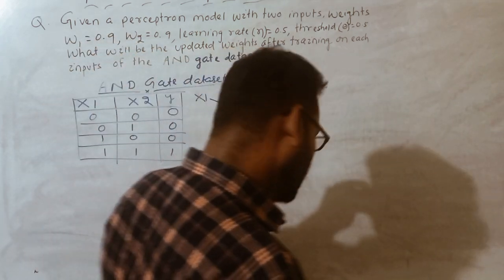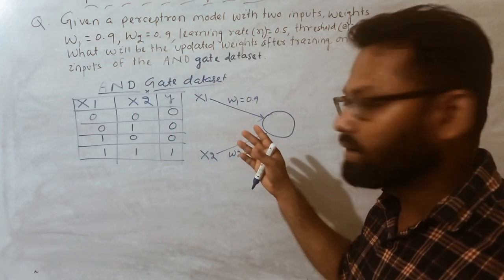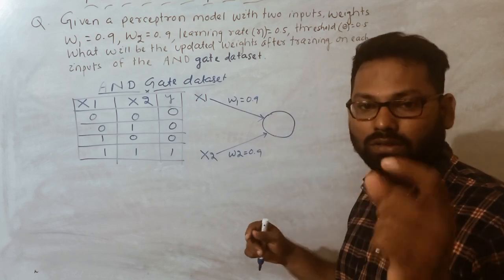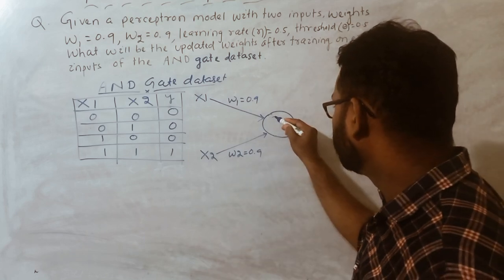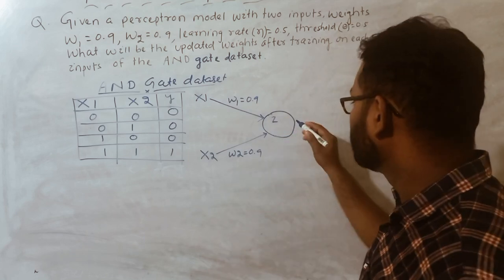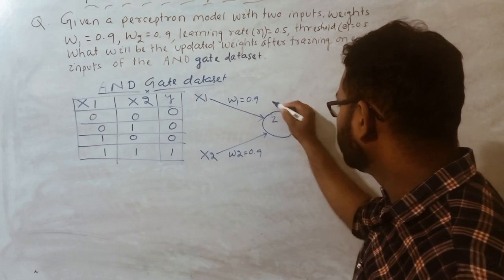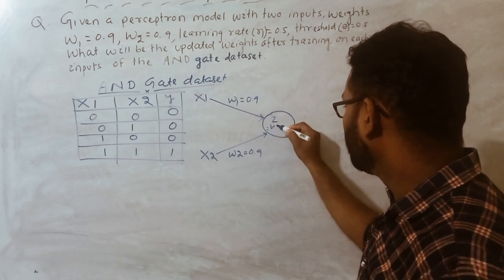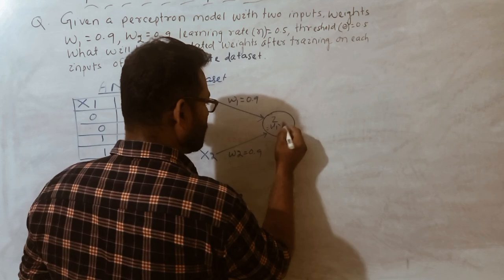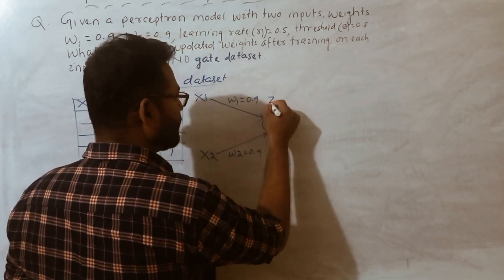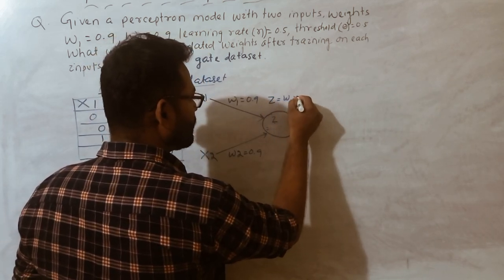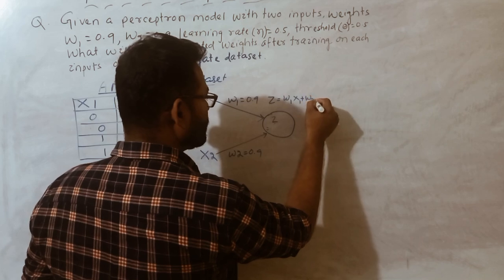You all know that the perceptron, after receiving the data, first finds the weighted sum. If z is my weighted sum, I can write z is equal to w1 x1 plus w2 x2.